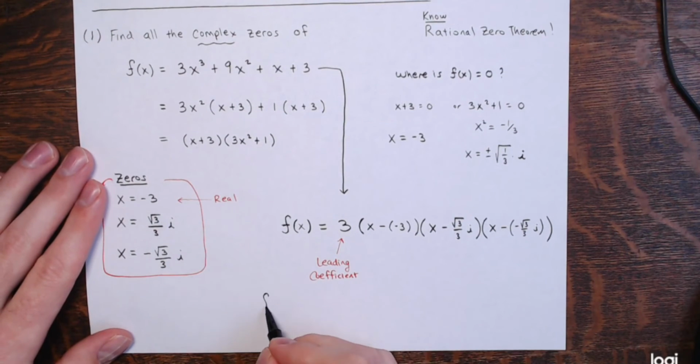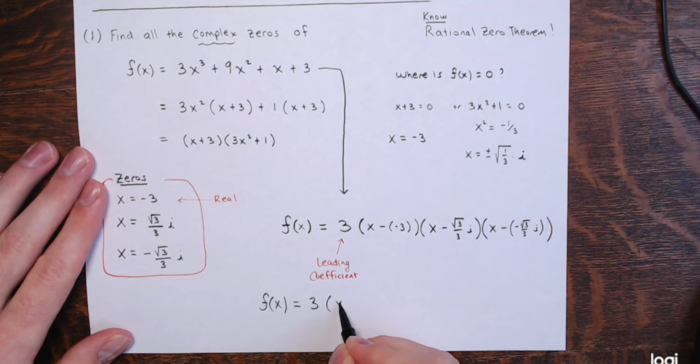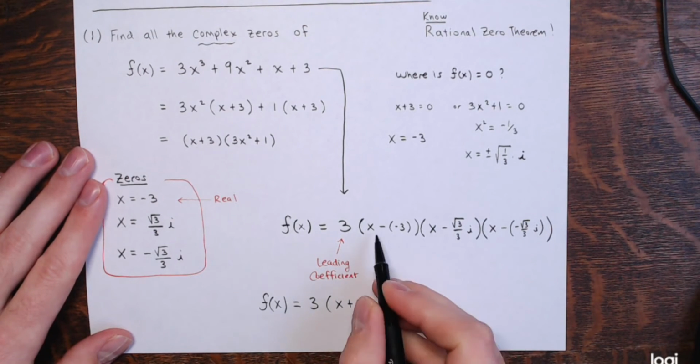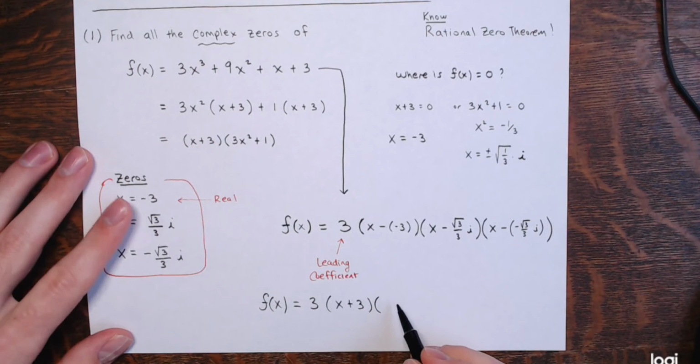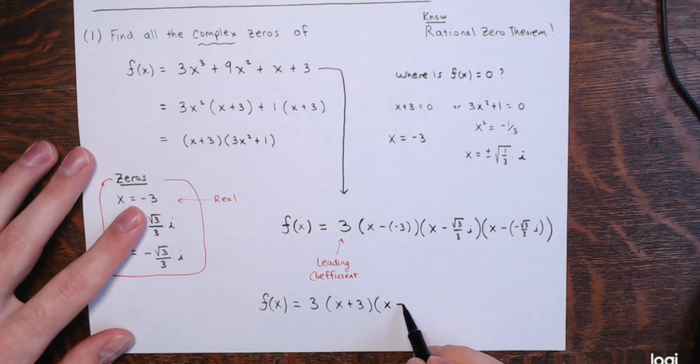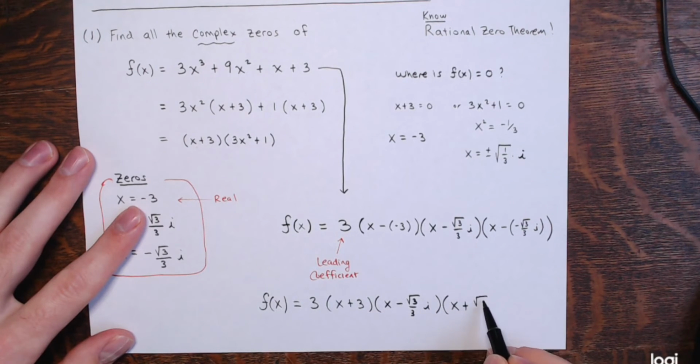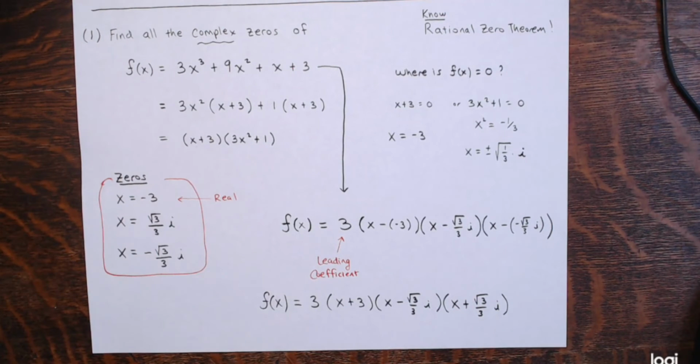So we have f of x equals 3 times x plus 3, right, times x minus the square root of 3 over 3 times i, times x plus the square root of 3 over 3 times i. And if you would like to check this, please do.